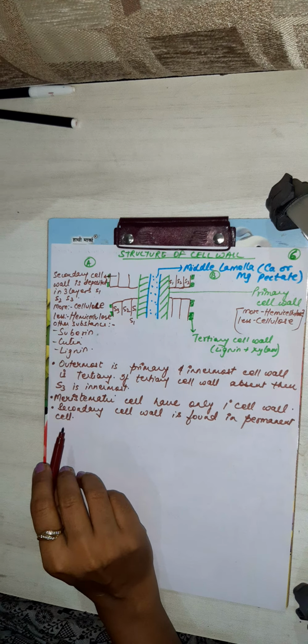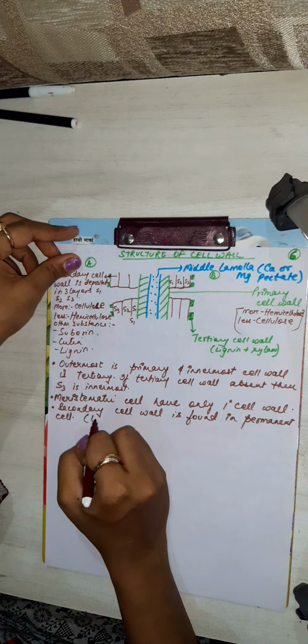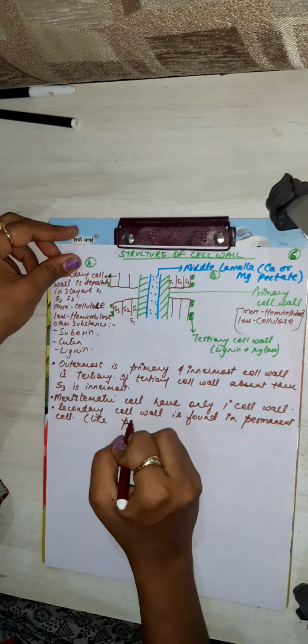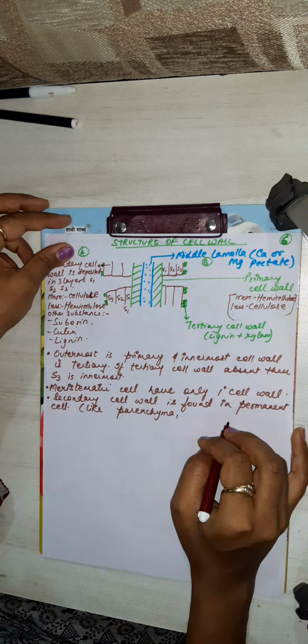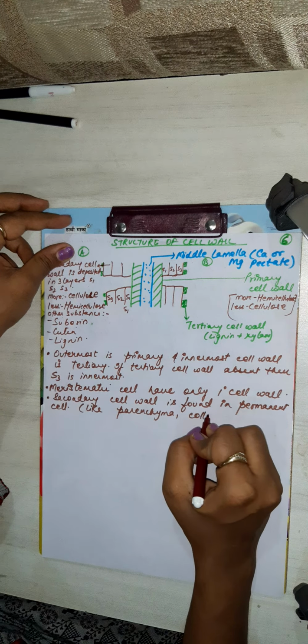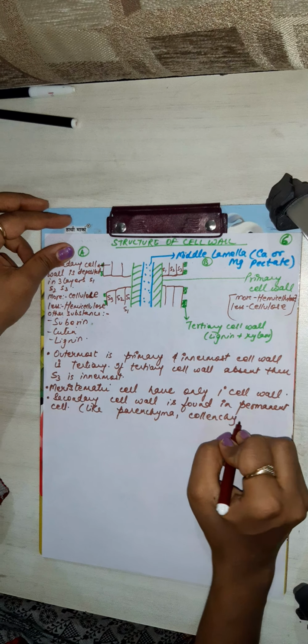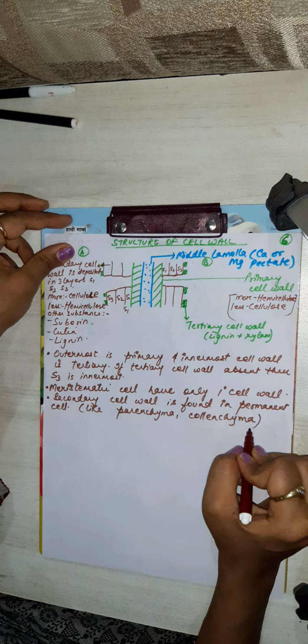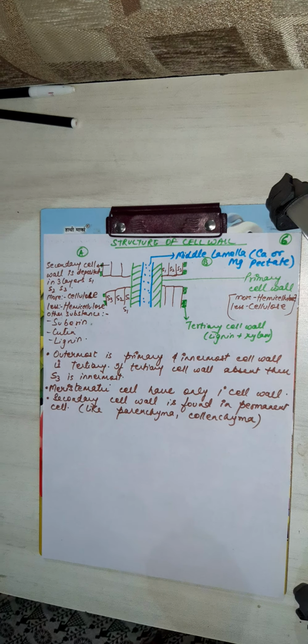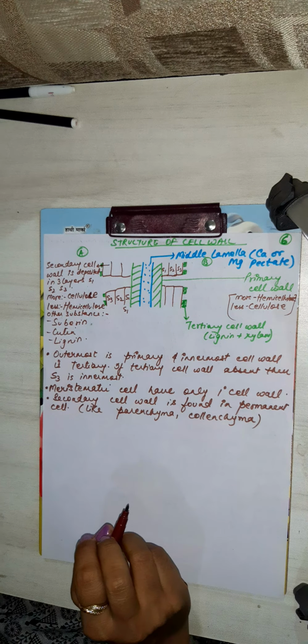Permanent cell like parenchyma and collenchyma. Parenchyma is living cell, okay, composed of cellulose. Space is also present. So this is the information about this, okay.